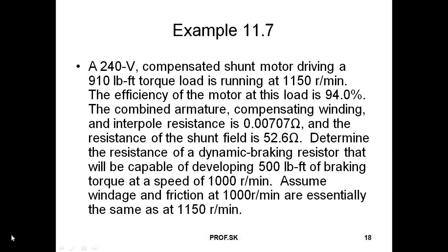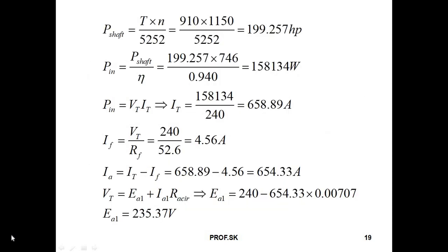Determine the resistance of a dynamic braking resistor that will be capable of developing 500 foot-pounds of braking torque at a speed of 1000 rpm. Assume windage and friction at 1000 rpm are essentially the same as at 1150 rpm.